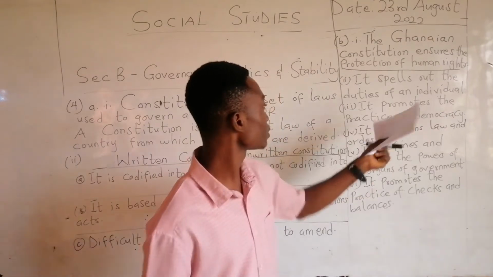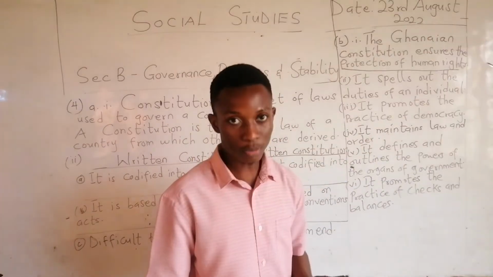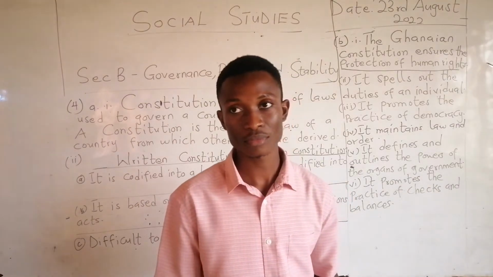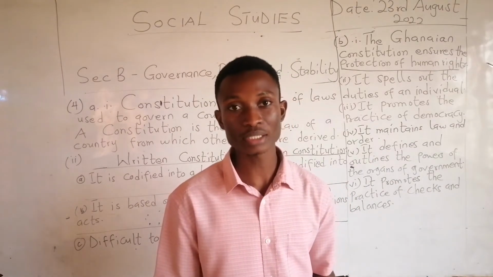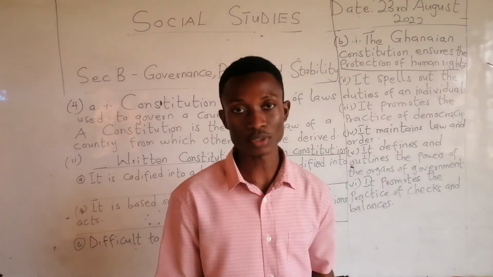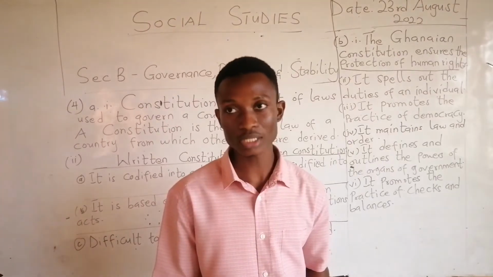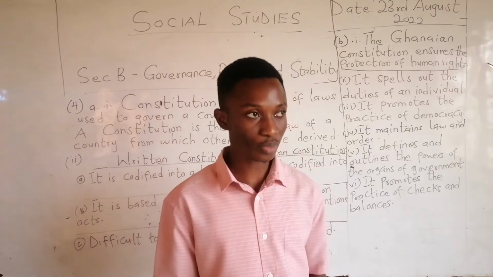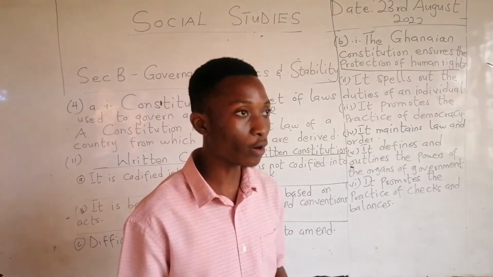Three, it promotes the practice of democracy. Democracy as a system of government is being practiced when there is a constitution. Democracy is a system of government that takes its authority from the expressed views and opinions of the people.